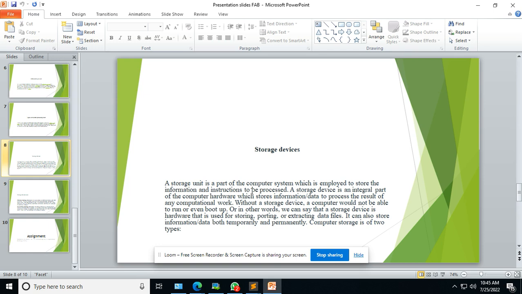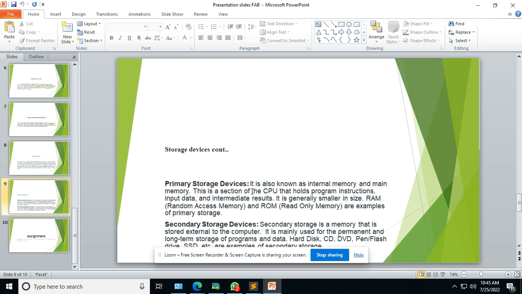It can store information or data either temporarily or permanently. Computer storage has two types: the primary storage and the secondary storage. The primary storage is the internal memory or main memory. We have random access memory and read-only memory. Those are the examples of the primary storage.